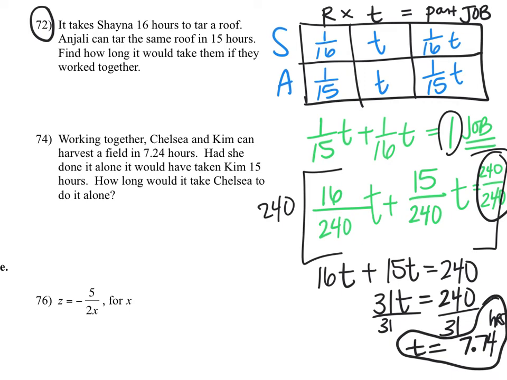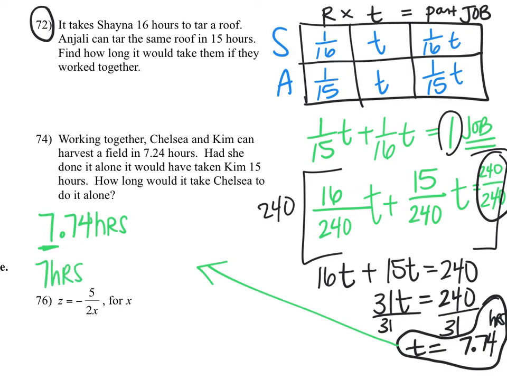Now, if I really wanted to know how much that is in time, I'm going to draw an arrow. So I have 7.74 hours, right? So really what you would want to do is, well, I know this is going to be 7 hours, but I want to know how many minutes that is.